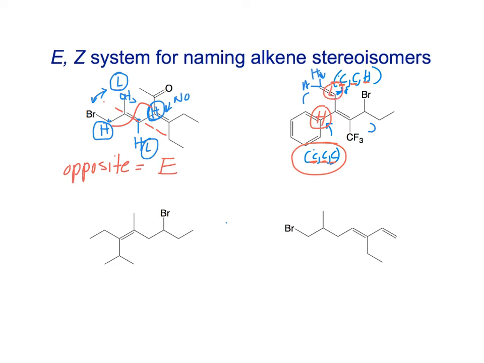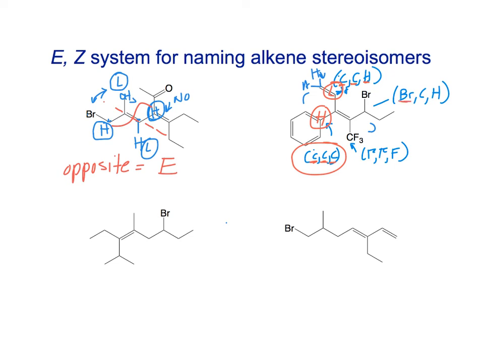All right, what if we look at the right end of the double bond? We have this carbon here that is just attached to 3 fluorines. This one over here is attached to a bromine, a carbon, and a hydrogen. So we compare those two.